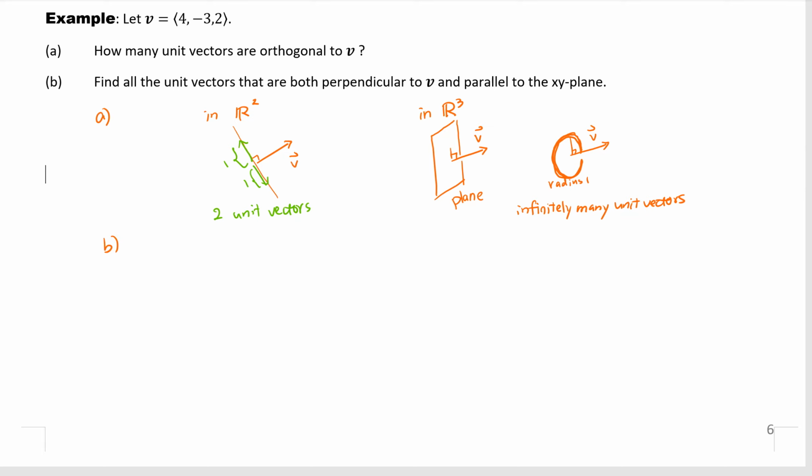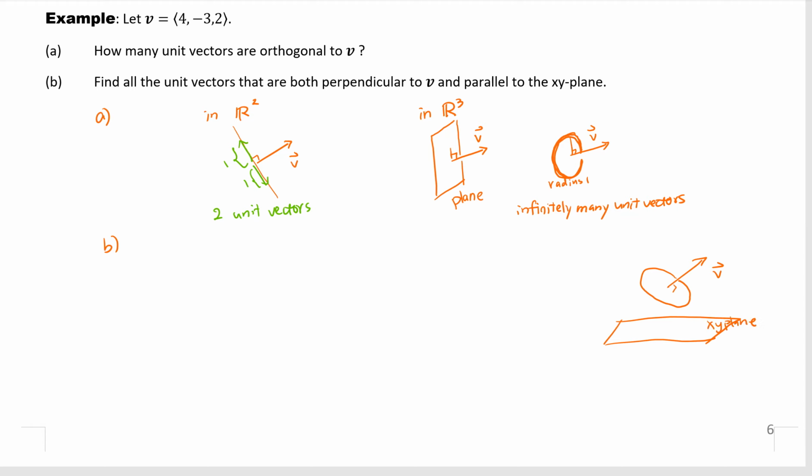Okay, B: we want to find all unit vectors that are both perpendicular to v and parallel to the xy plane. What does that mean? Let's say this is v. We know on this circle we have the unit vectors that are perpendicular to v, and furthermore, we want to find the unit vectors that are also parallel to the xy plane.